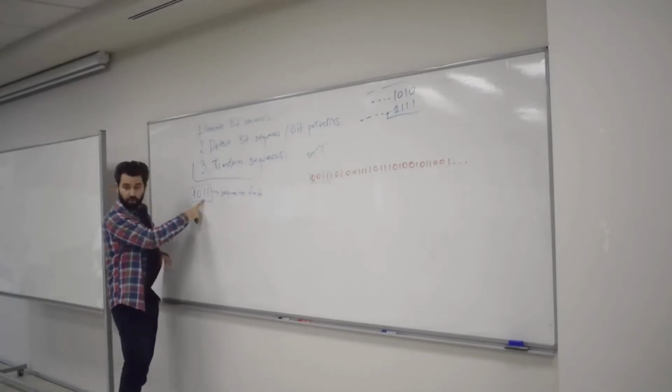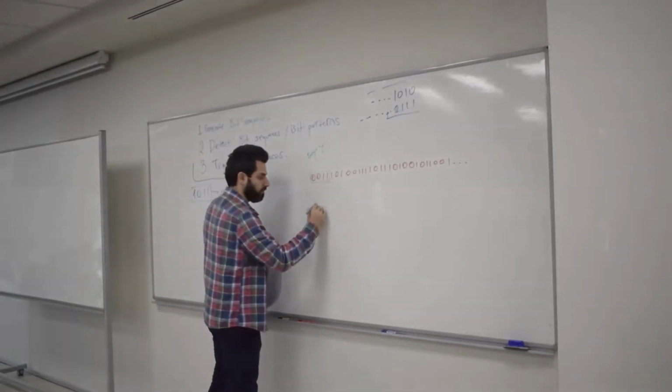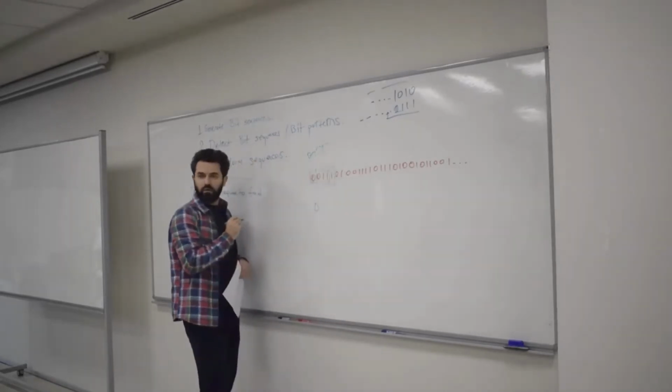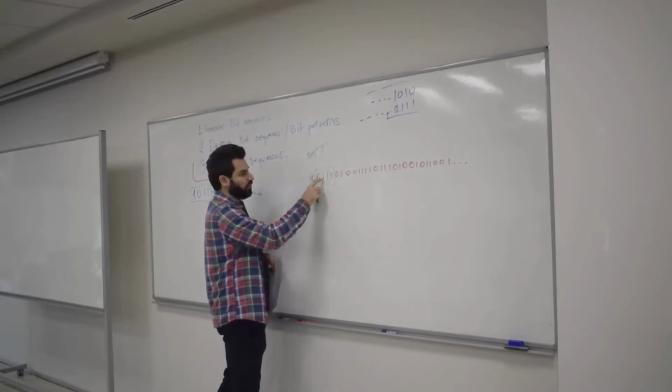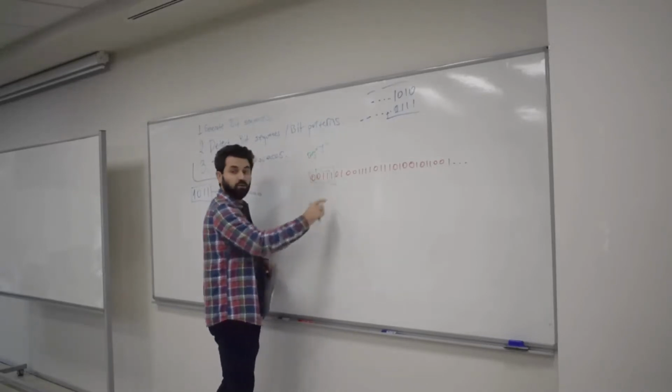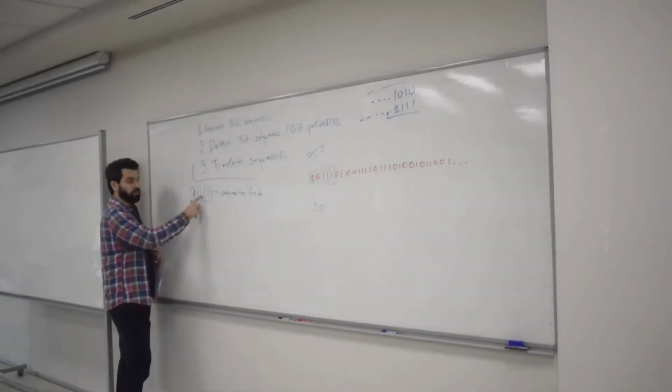Is this? No. So it's going to output a 0. And in the next clock cycle it moves to the next window. It looks at 0, 1, 1, 1 and outputs a 0 because it's not what I'm looking for. I'm looking for 1, 0, 1, 1.